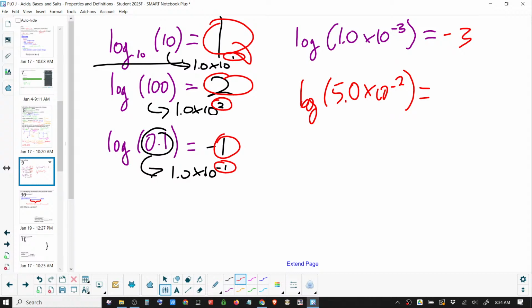Log base 10 of 10 was 1. Log base 10 of 100, 100's got 2 zeros, so that was 2. That is zeros the other way, so it's 10 to the minus 1, that's minus 1. 1.0 times 10 to the minus 3, the log of that is minus 3. So if you take the log of that, you should get roughly minus 2.